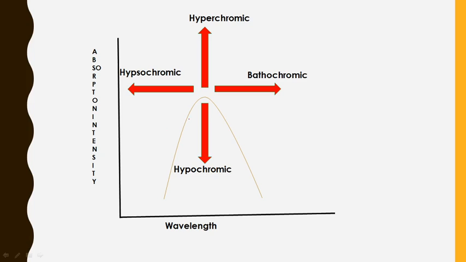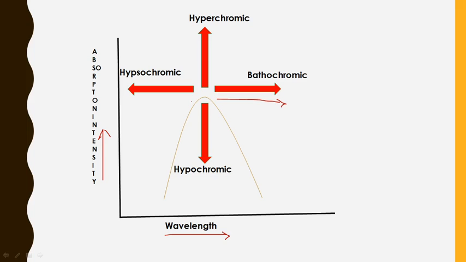Simply here I am showing the picture. This is the absorption curve; on the x direction you are taking wavelength, on the y direction you take absorption intensity. When the lambda max increases, we call this shift bathochromic shift.